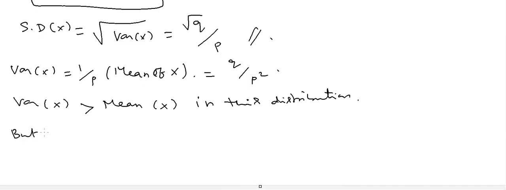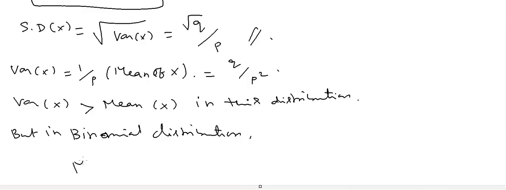But in binomial, can you remember what the relation is? Mean of x is always greater than variance of x. Why?